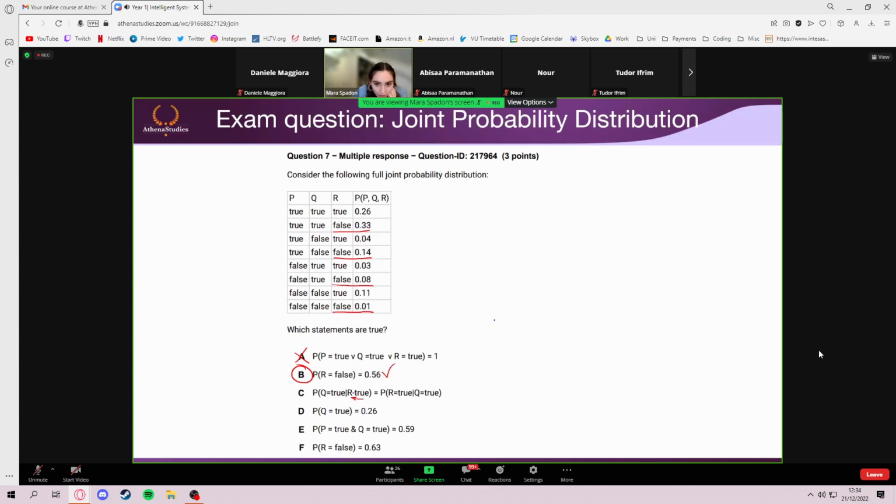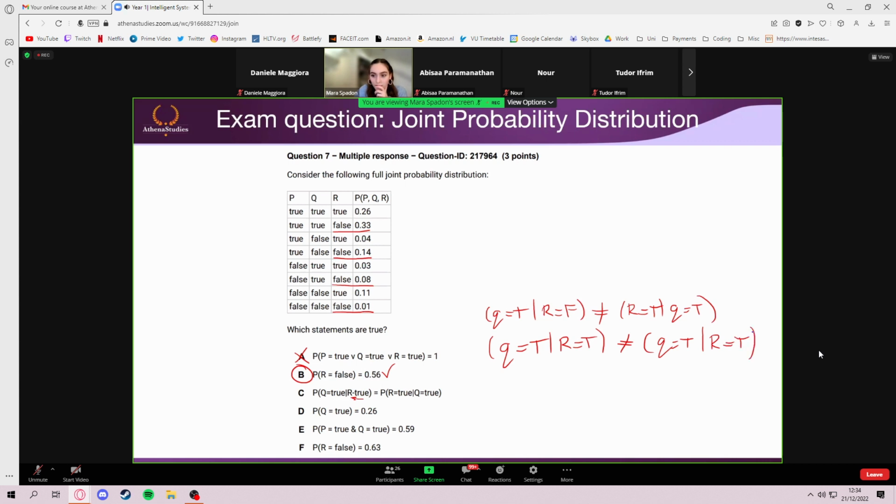So Q being true given R being false is not the same as R being true given Q being true, as is usually the case with conditional probability. Even if they're both true, that doesn't necessarily mean that they're equal. In most cases, they're not. But here also R is false, so that also makes it not correct at all.